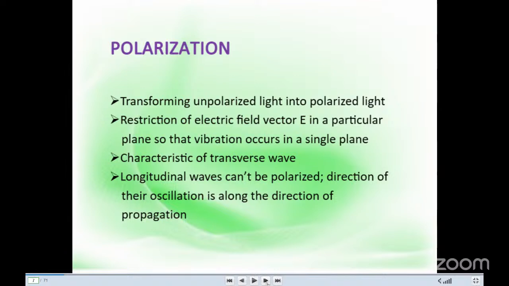Polarization means transforming unpolarized light into polarized light, restricting the electric field vector E to a particular plane so that the vibration occurs in a single plane.